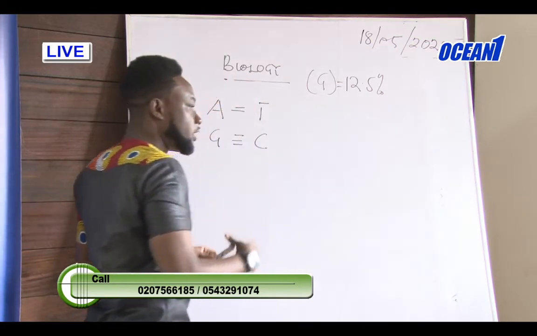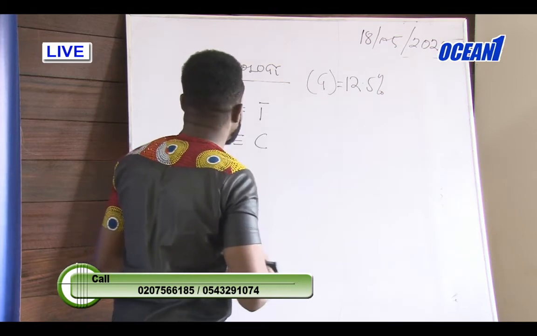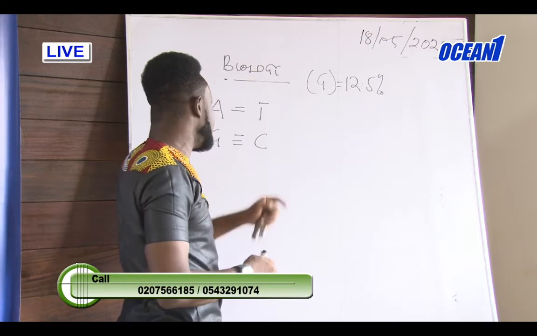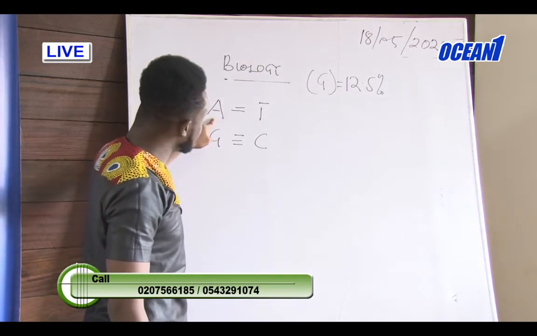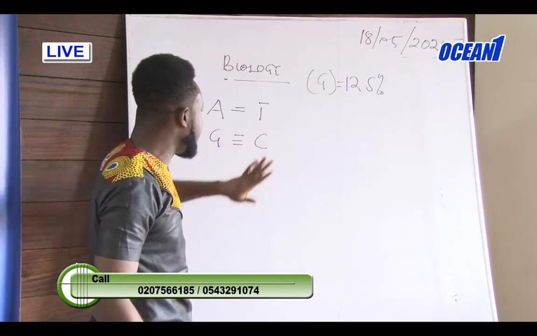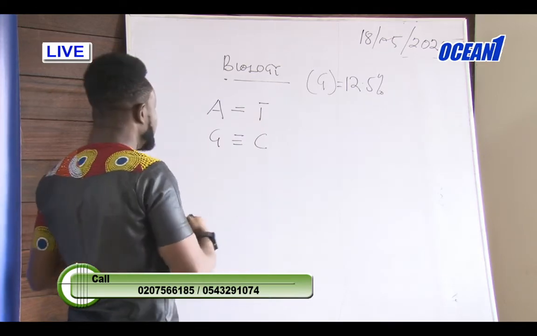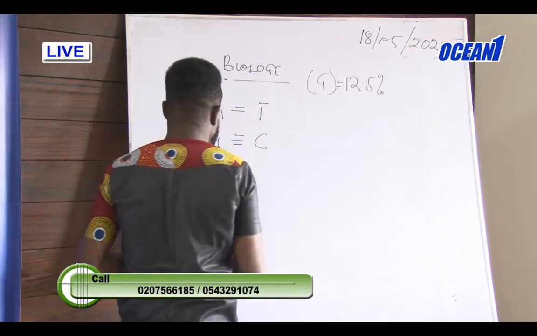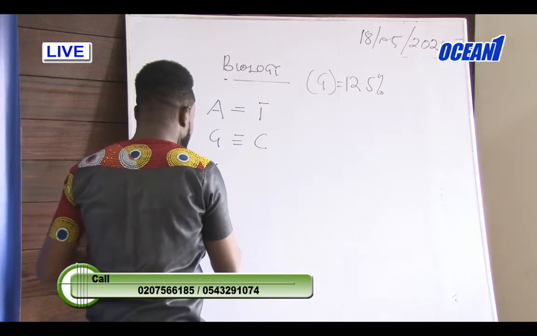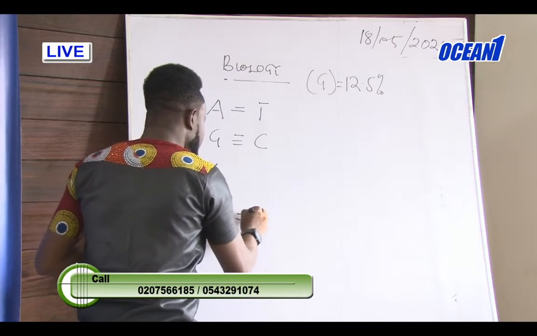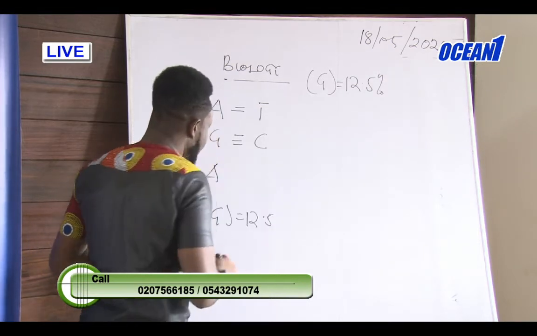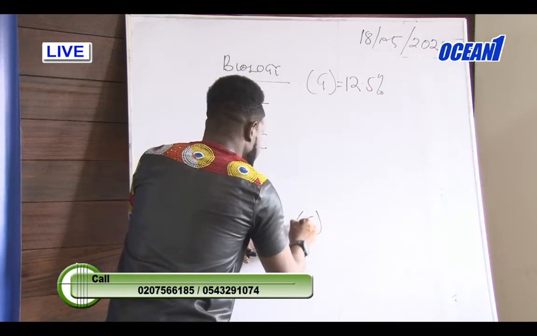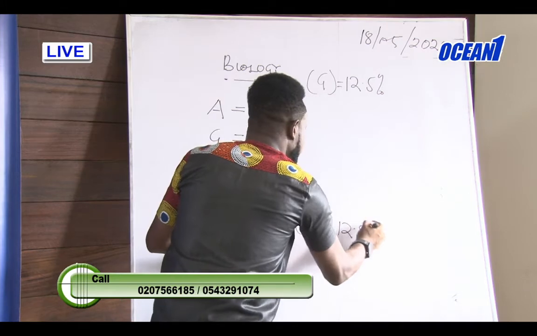The second rule of Chargaff says that the amount of guanine is the same as the amount of cytosine, and the amount of adenine is the same as the amount of thymine. Now, if the amount of guanine is 12.5%, we can rewrite this: the amount of guanine is 12.5, and this should be equal to the amount of cytosine, so the amount of cytosine is 12.5.